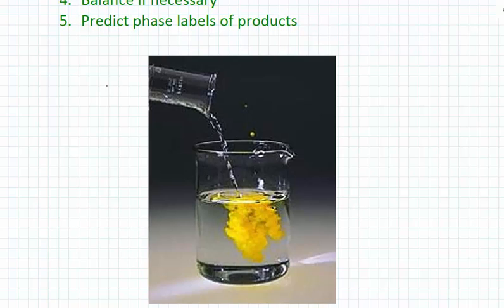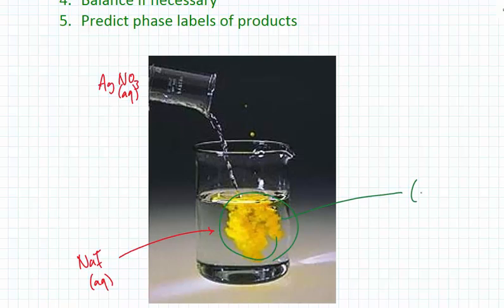This is silver nitrate. What was in here originally was a sodium iodide solution, aq. Look how silver nitrate looks like water, sodium iodide looks like water, but here is some sort of new product. That is a solid.